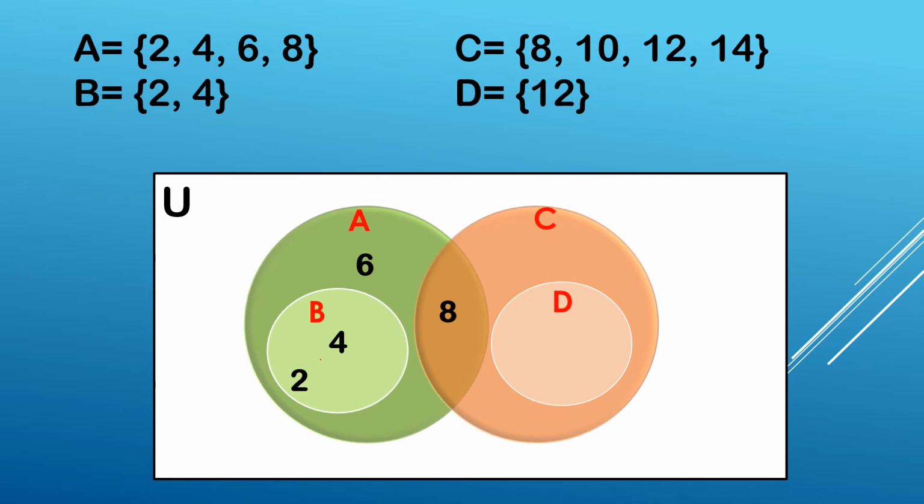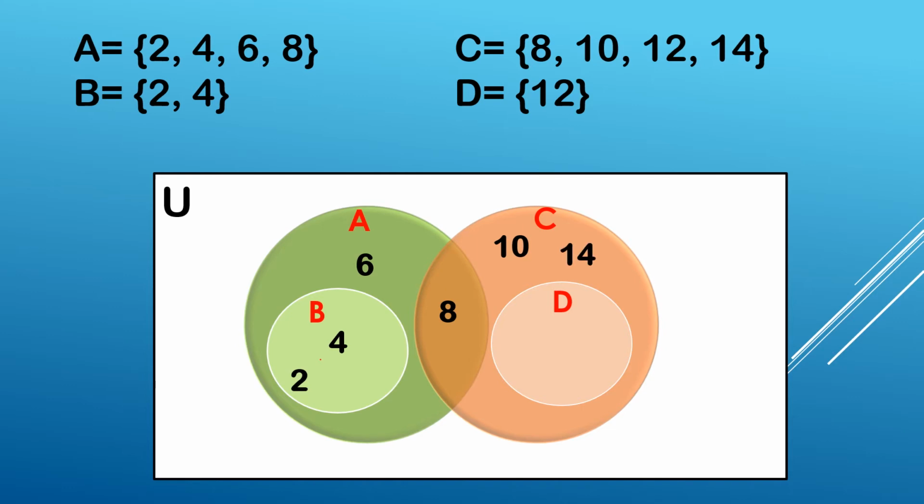Next, ano ang natira kay set C? We have 10, 12, at saka 14. At tingnan naman natin si set D. Si set D ay may 12, which is common din siya kay set C. So, since si set D ay nasa loob ni set C, ang ilagay na lang natin dito kay set C ay ang mga elements na 10 at saka 14.